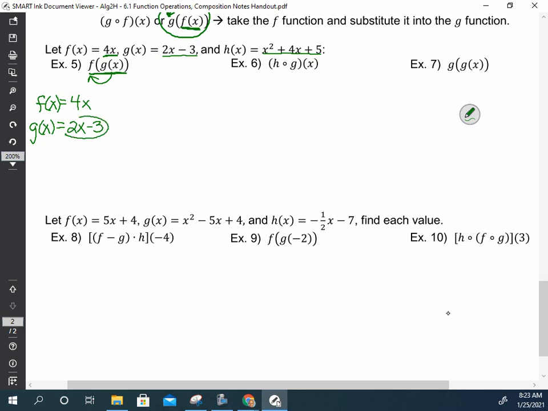You're going to take the g function and plug it in for x, the same way you would do a number. So this becomes 4 times 2x minus 3, and you need to simplify it. And that's it. Problem's over.